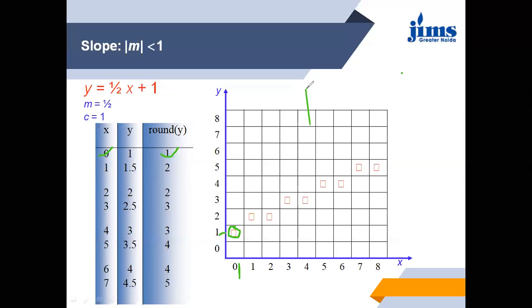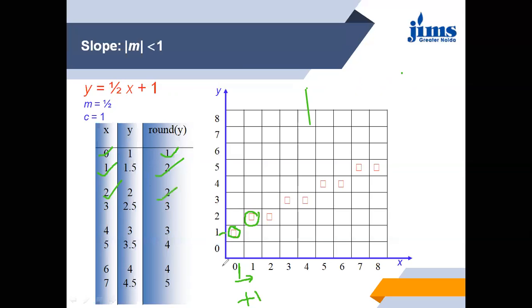In the next, we have to draw 1, 2. So this is 1, means increasing by 1, and this is 2. So we draw this one. Next, this is 2 and 2.